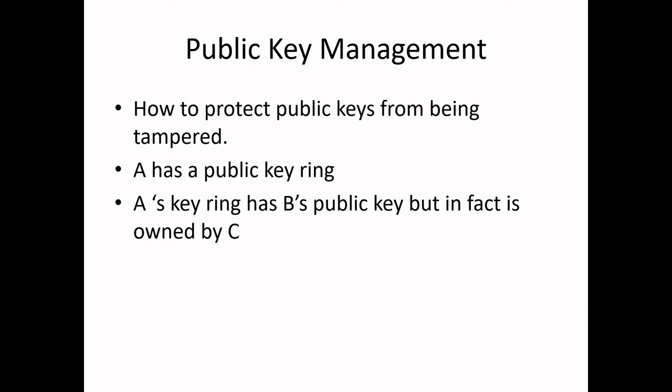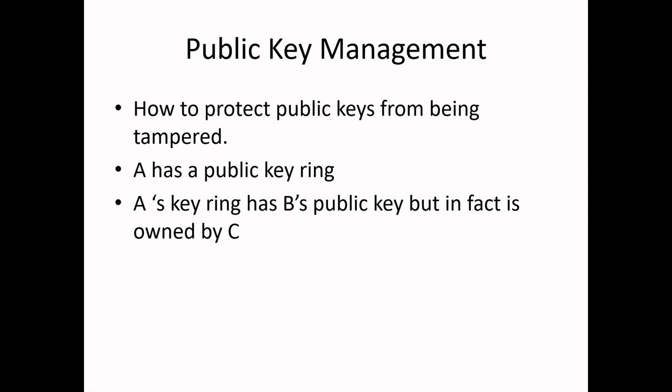We have seen the data structures which are used for storing the public keys and the private keys. They are called key rings. Next, we have to look at how to protect the public keys which are stored. The private keys are stored in private key rings, which are local to the user.